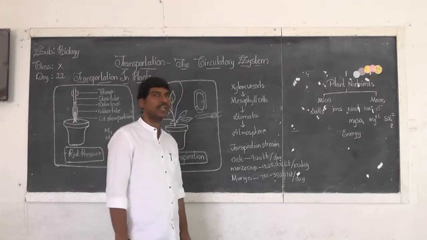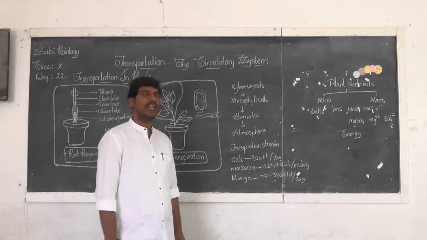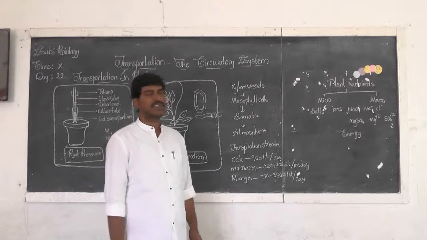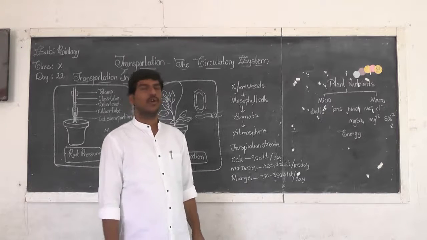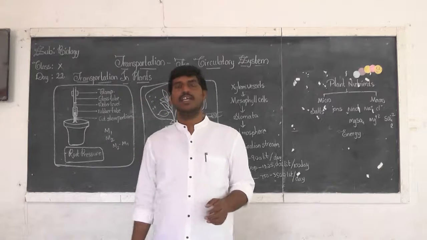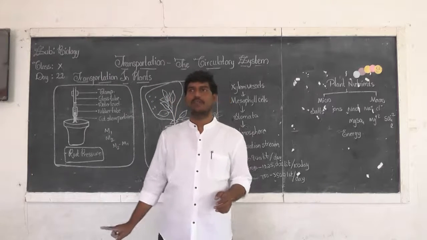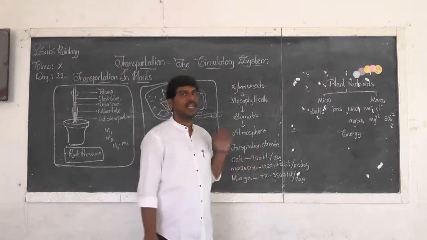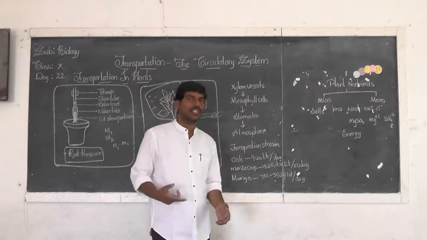These are called macronutrients, which are required in larger quantities, whereas the remaining elements are required in smaller quantities. Now all these nutrients don't come directly. They come in the form of salts, along with the water.